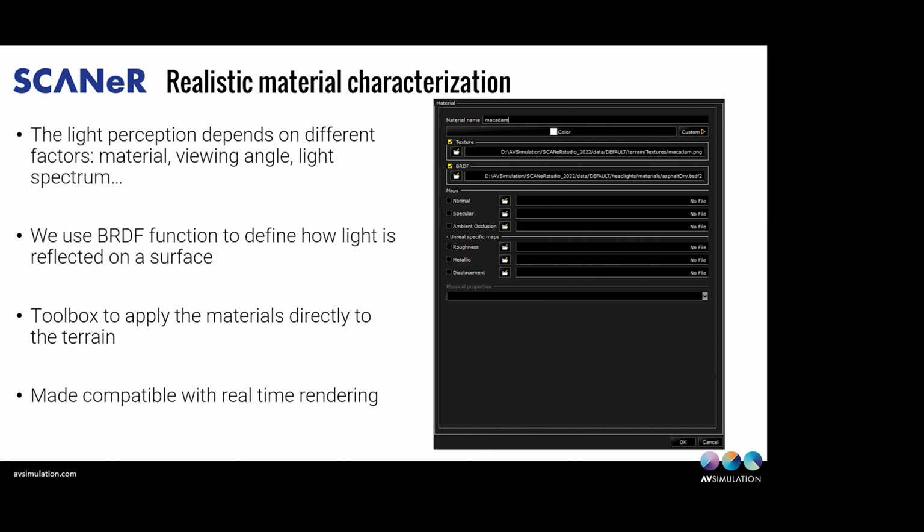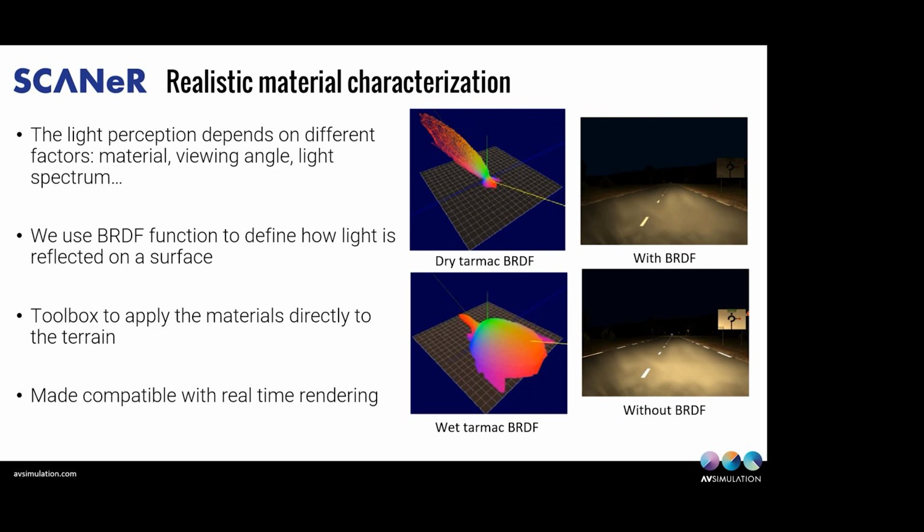And this is also compatible with real-time rendering, which means that all this information about how the light reacts will be displayed real time during your simulation, during actual drives, and you will be able to see this difference, as we can see here. With the BRDF, the light is a little bit dimmer compared to without BRDF, where the light is scattered no matter what the material is.